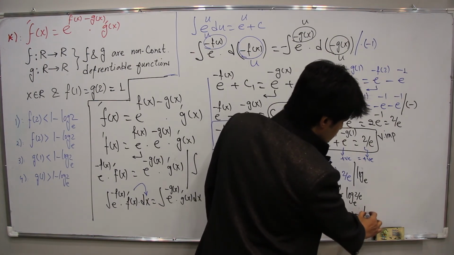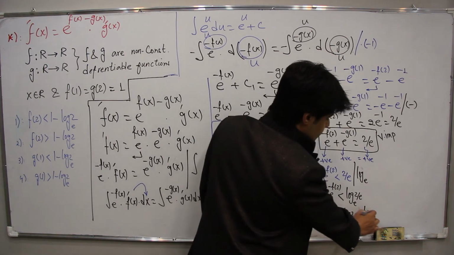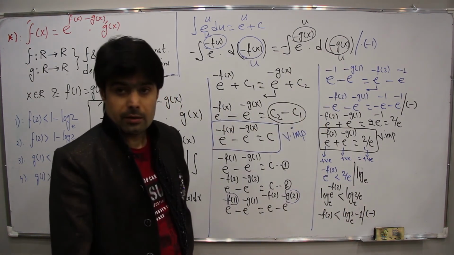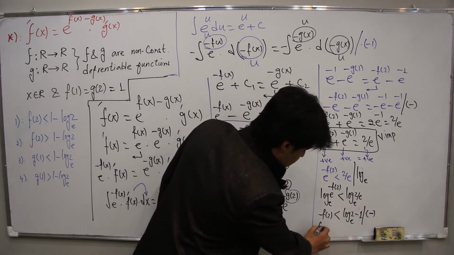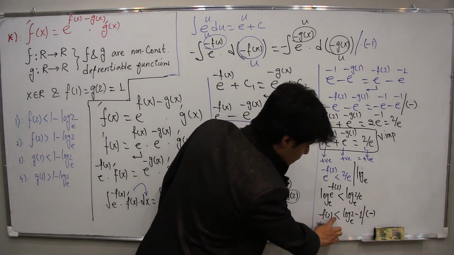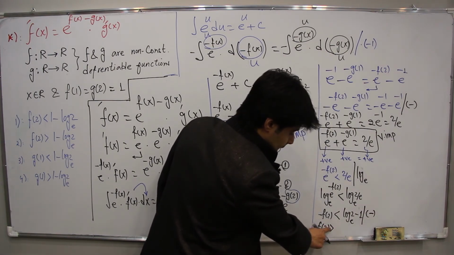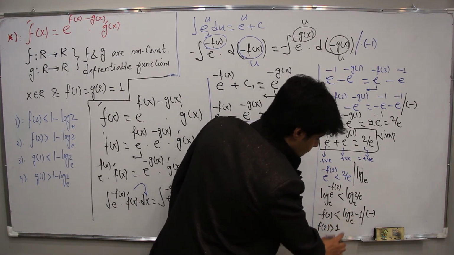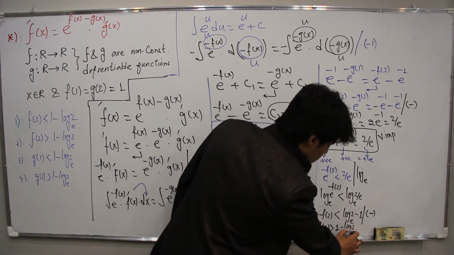Now I have to divide both sides by a negative number. If we divide both sides by a negative number, this minus f2 becomes plus f2, and this one changes its side, it's lower but here it's higher, and this minus 1 becomes plus 1, and this positive log becomes minus log 2 to the base e.